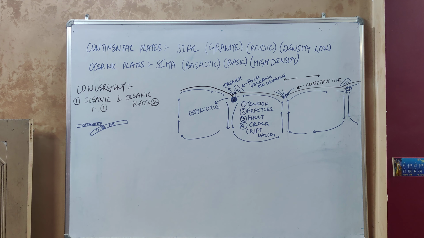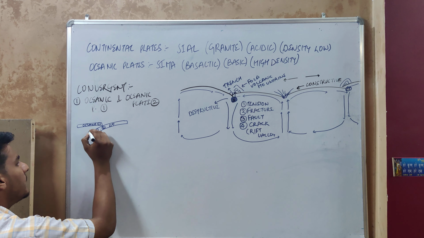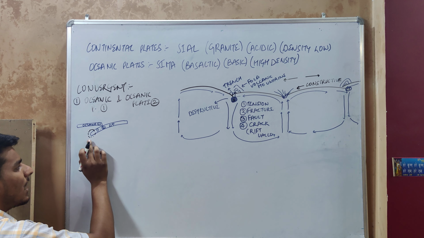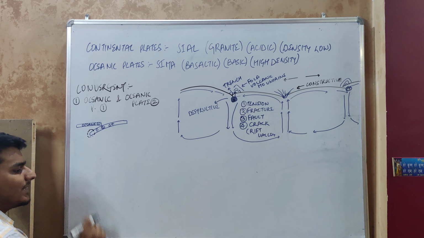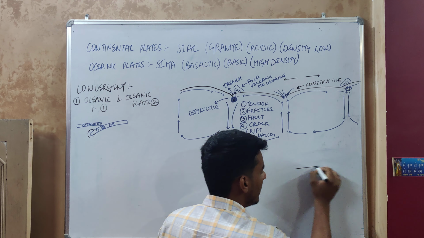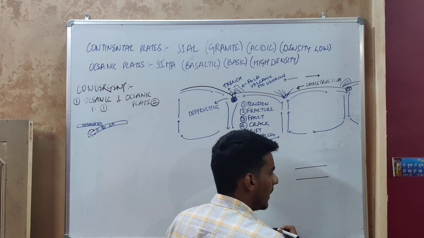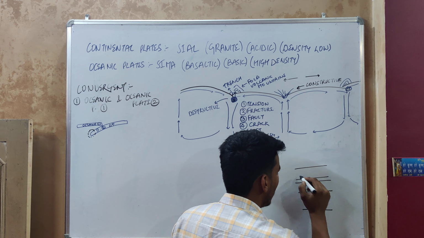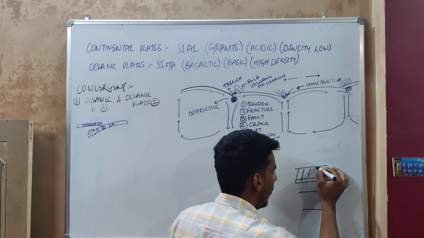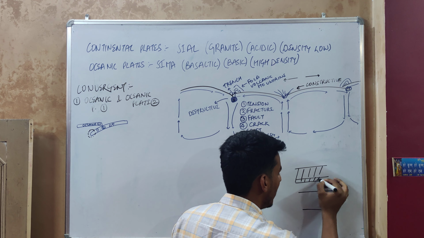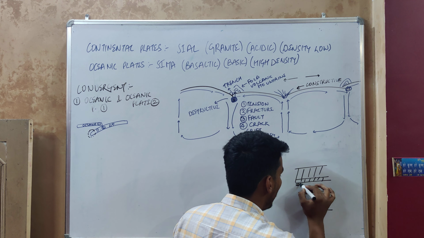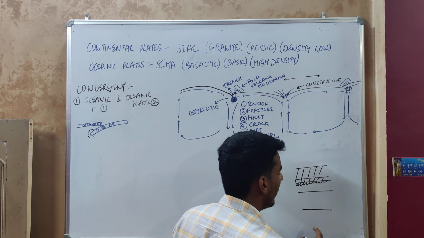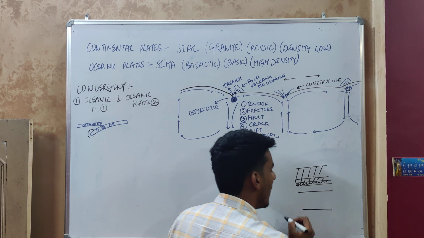What will happen? This part is now under the asthenosphere, because if this is your crust, this is your mantle, and this is your core, this whole crust and upper part of the upper mantle is the solid part, and below it is the asthenosphere, that is semi-liquid or molten, and it consists of magma, right?